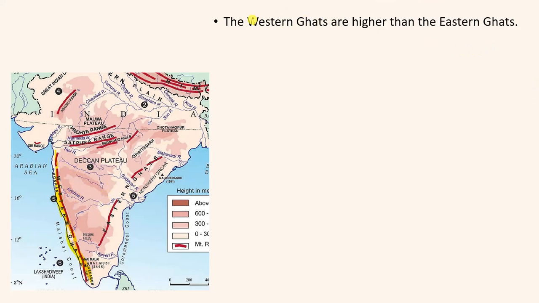So the Western Ghats you can see with dark color, not these lines. These lines are showing mountain ranges.